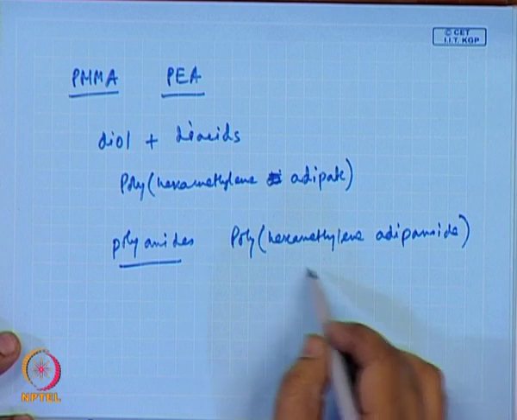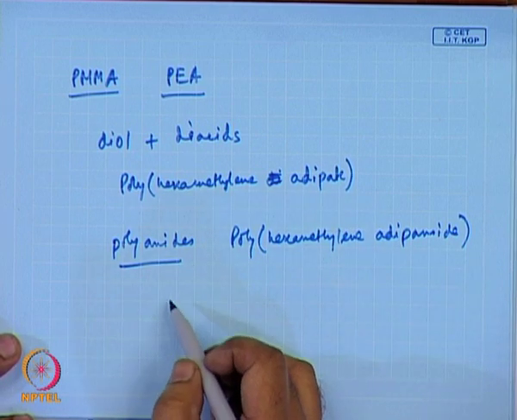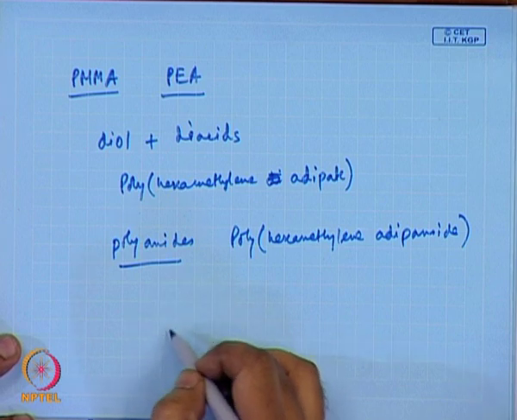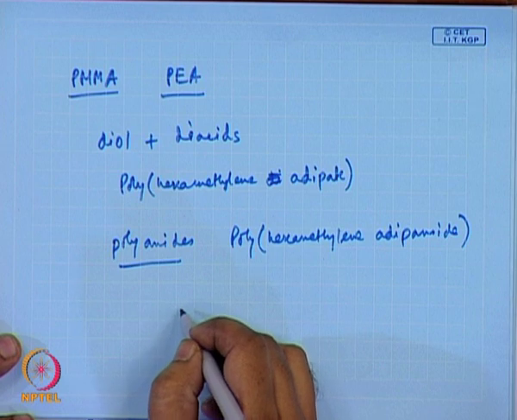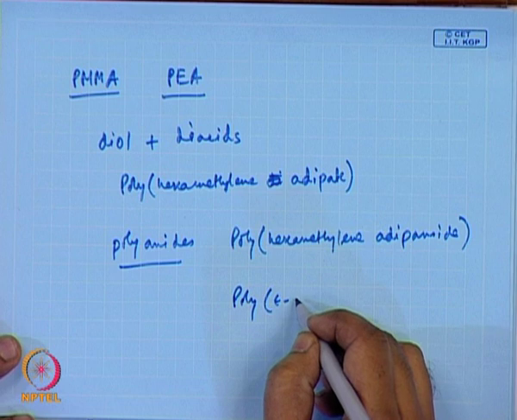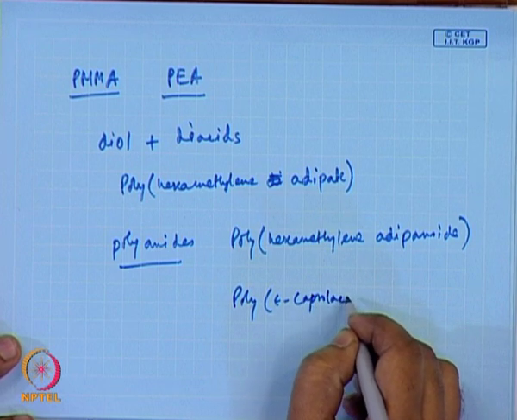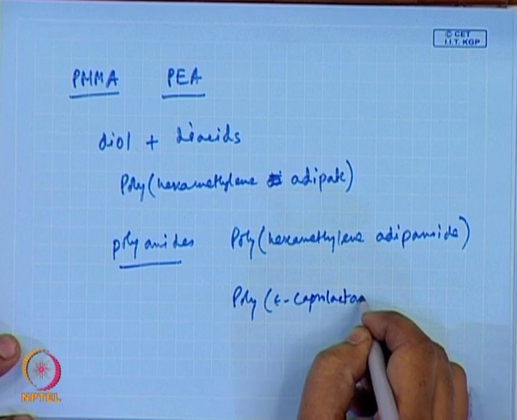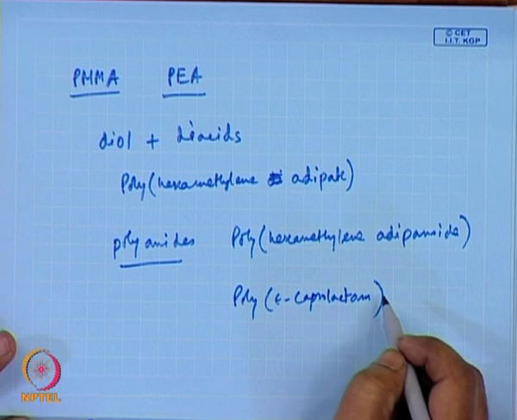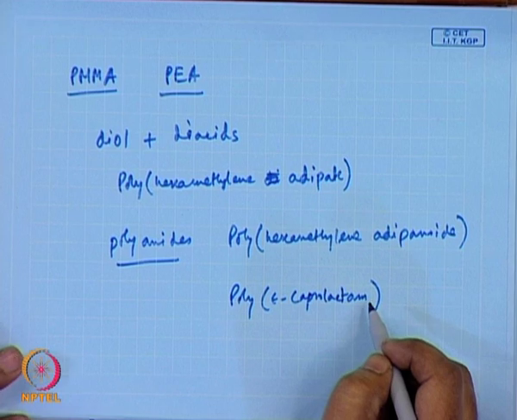Now, this same polyamide, having the same molecular formula, we can get from ring opening polymerization of caprolactam. So, basically these two are again examples of structural isomers in polymer chemistry.